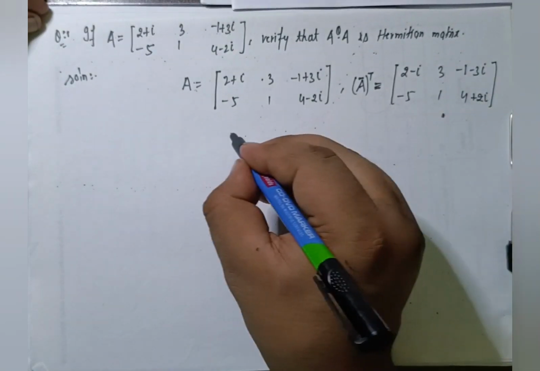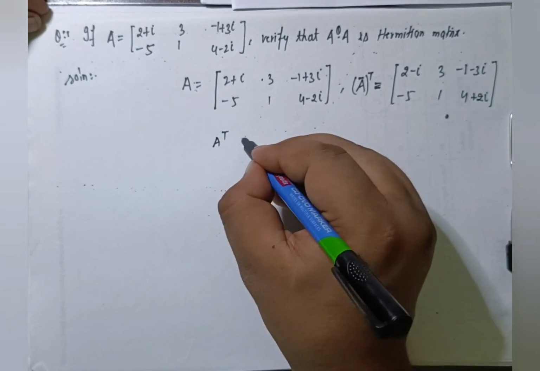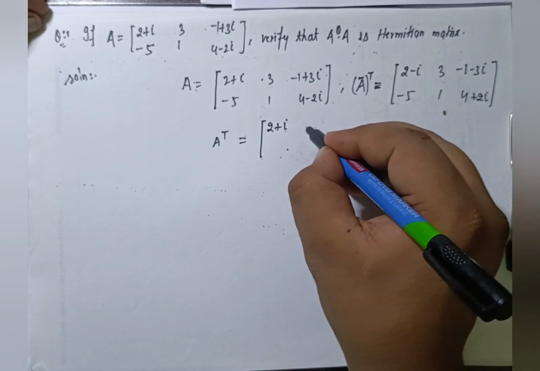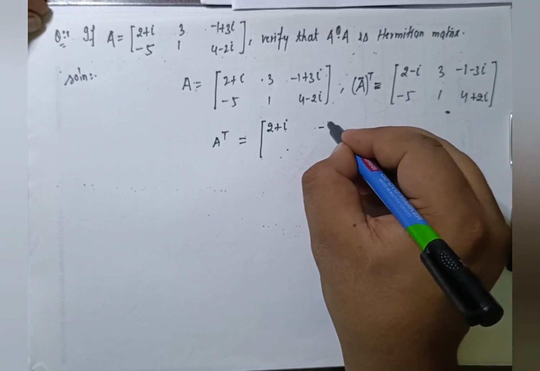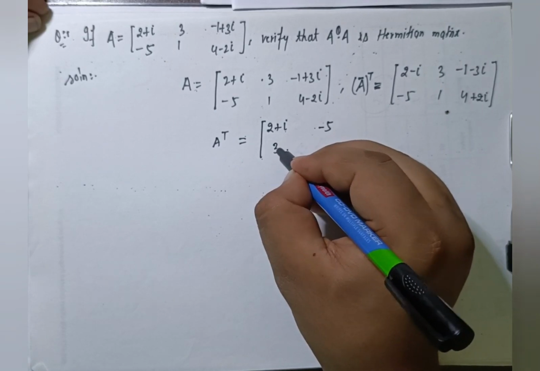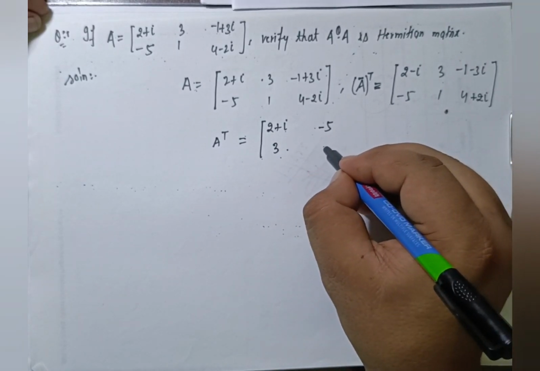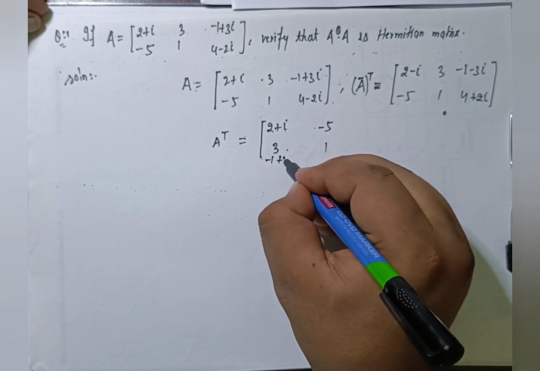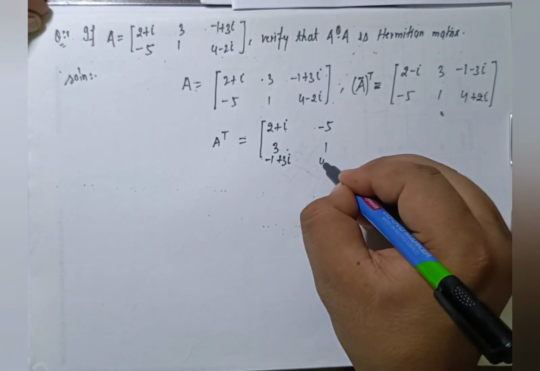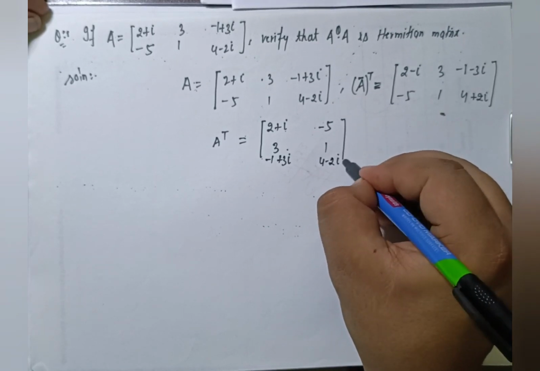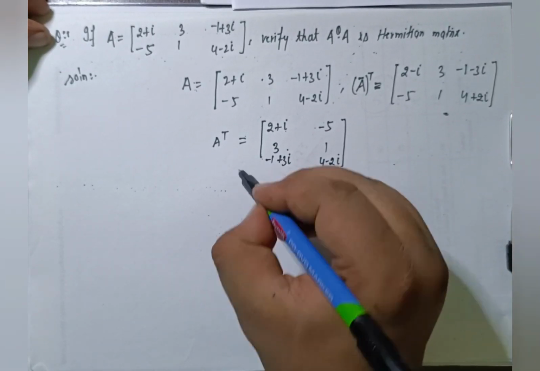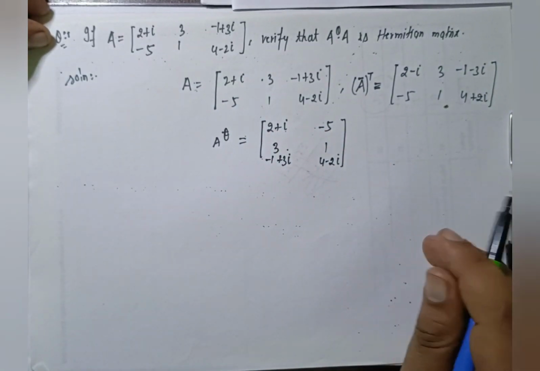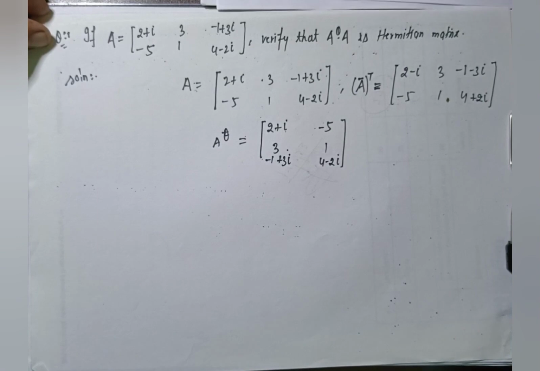Right, now we take its transpose. A theta equals 2 plus iota and minus 5 and 3, and 1, and minus 1 plus 3 iota and 4 minus 2 iota. So this is A theta, the conjugate transpose of the given matrix.